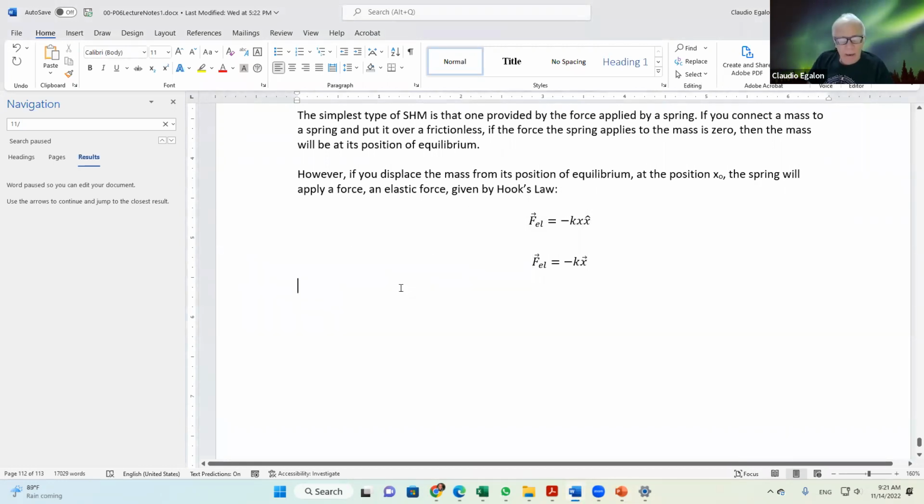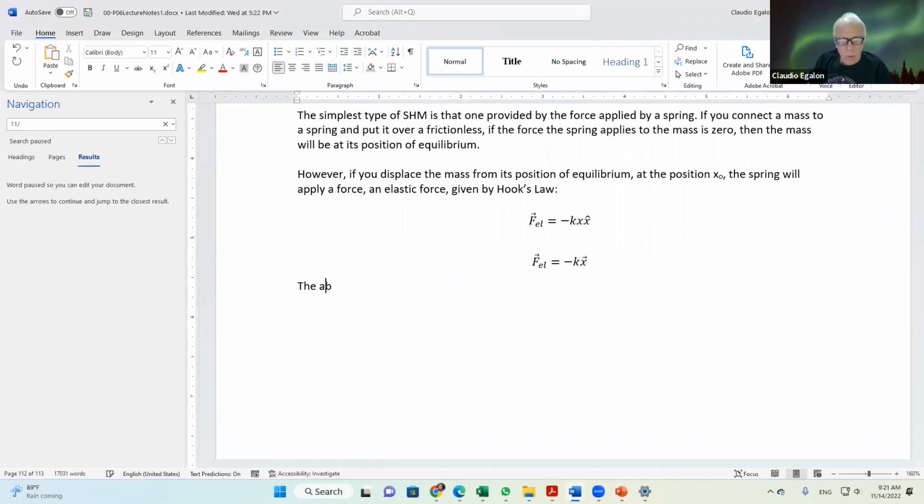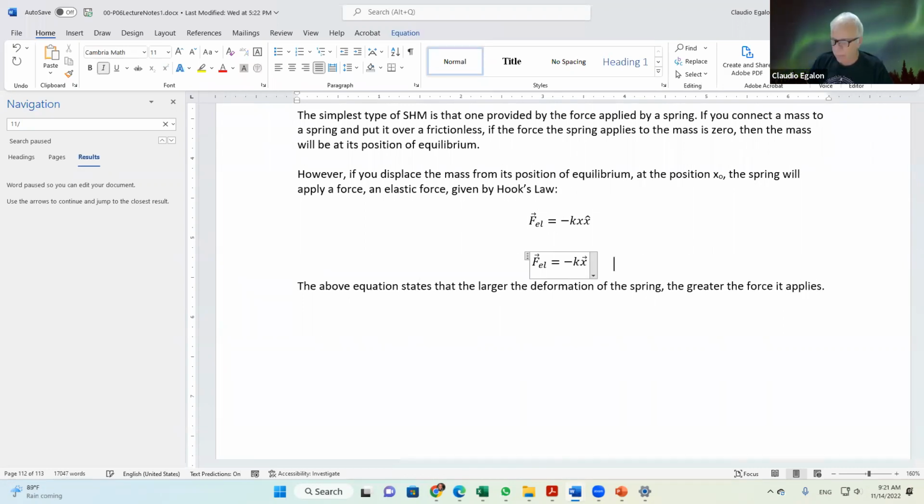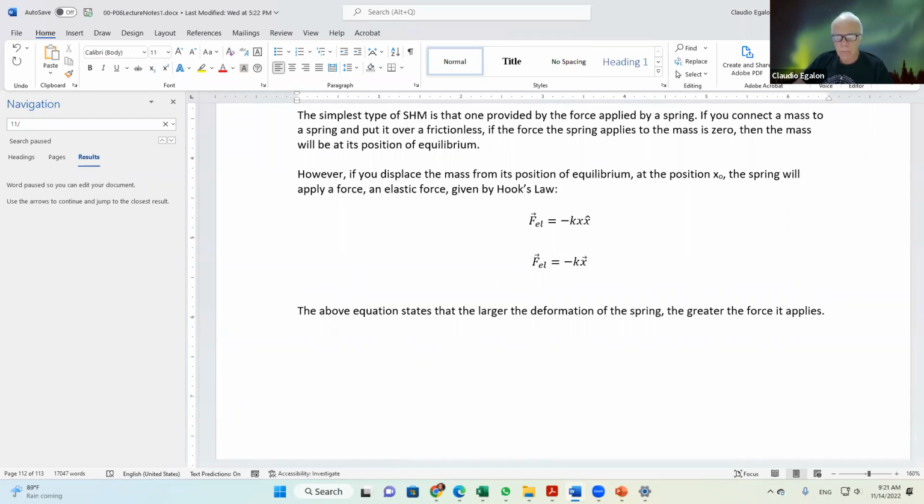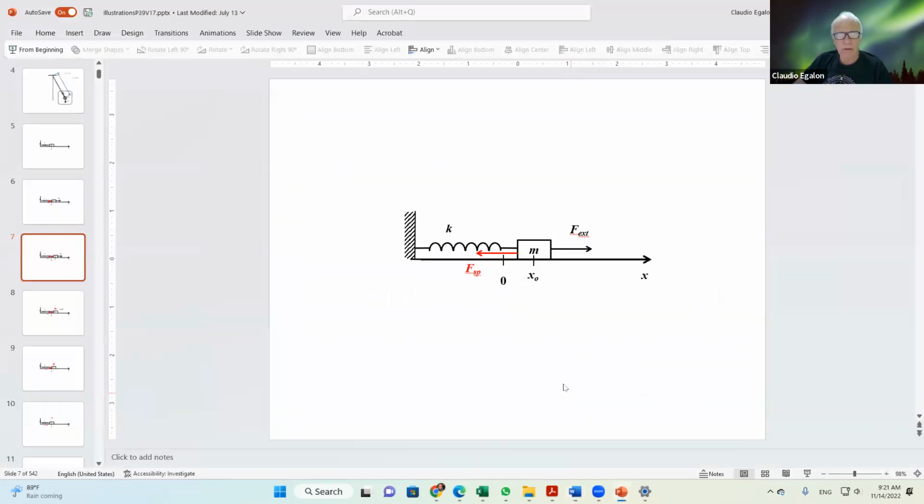The above equation states that the larger the deformation of the spring, the greater the force it applies. So that's exactly what those drawings here reveal. Take a look.